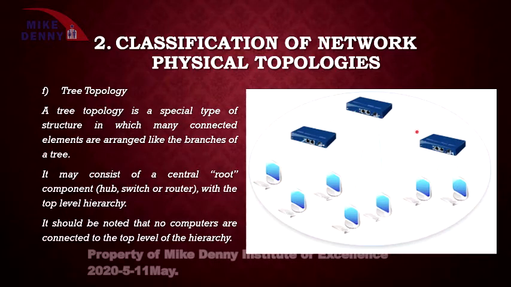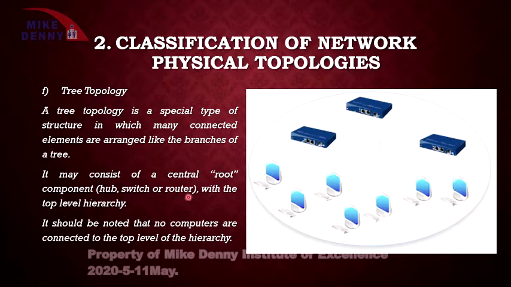Like this one, this is an example. We have this as the first level in the hierarchy. This one is the second level, and we have a third level. So we have one and two links between the computer and the root component.